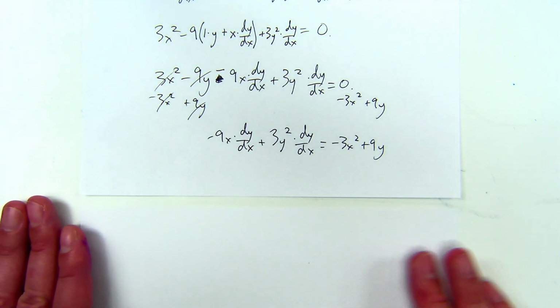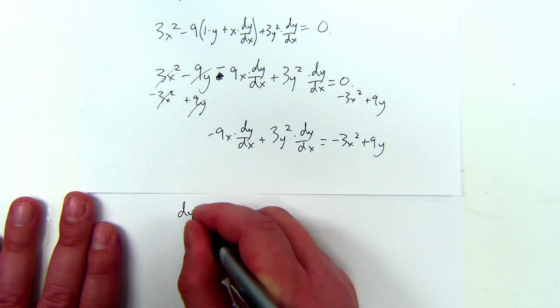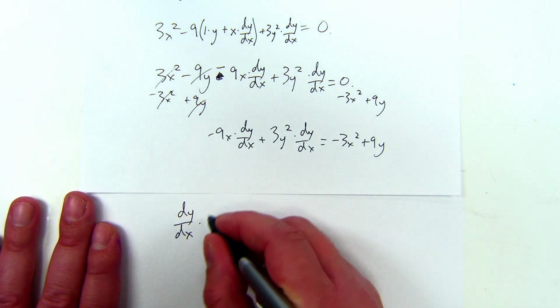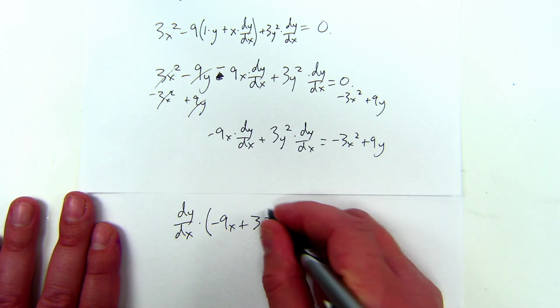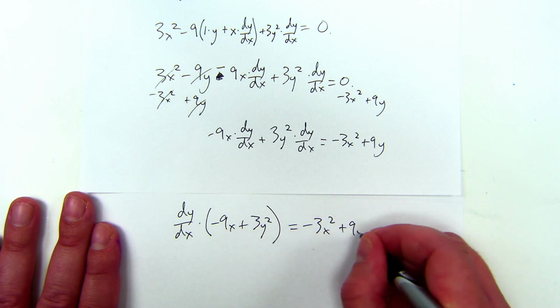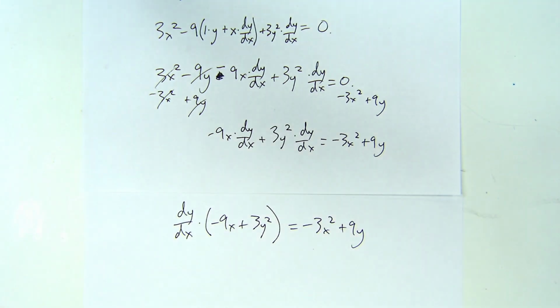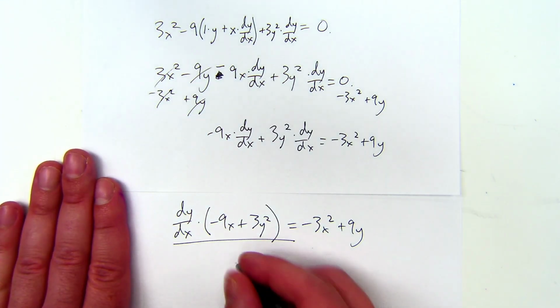Okay? And now what do we do? We factor out a dy dx on the left-hand side, and we have dy dx times negative 9x plus 3y squared is equal to negative 3x squared plus 9y. And lastly, we divide both sides by this quantity here.